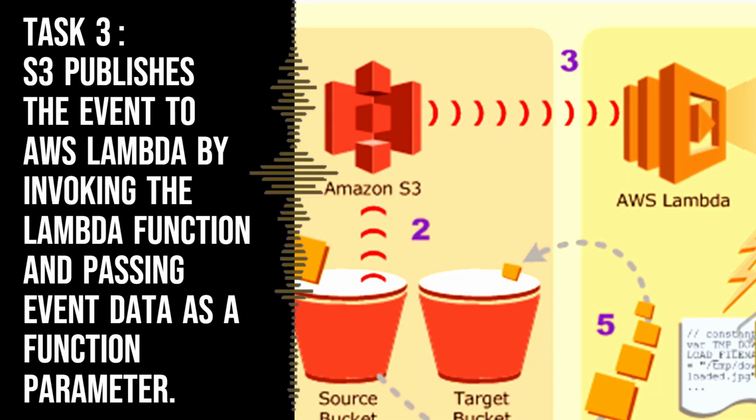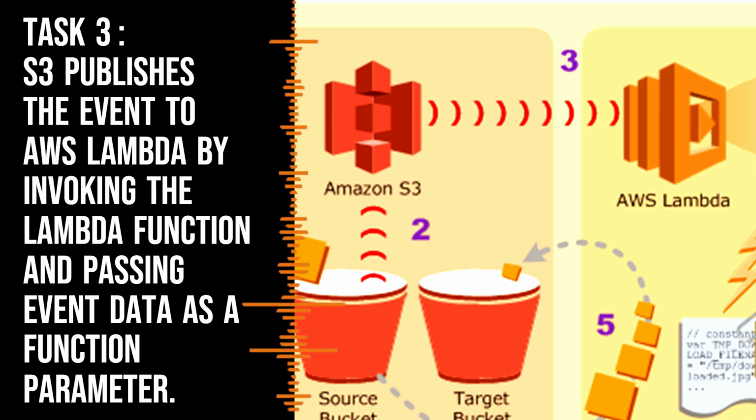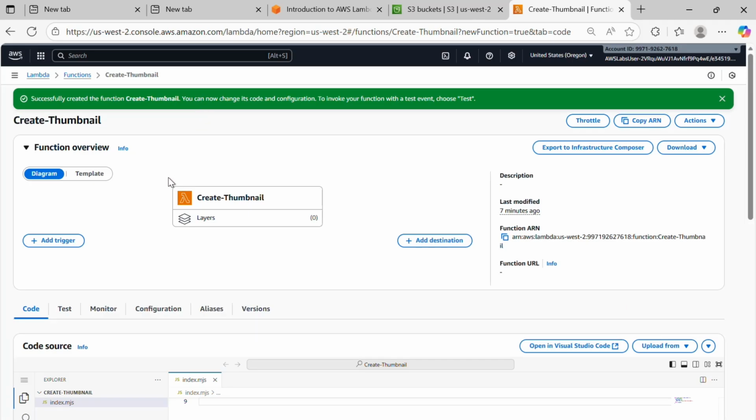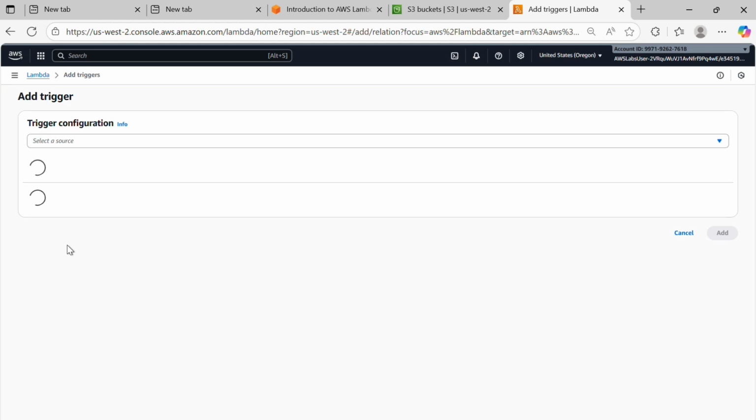Third task will be Amazon S3 publishes the object created event to AWS Lambda by invoking the Lambda function and passing event data as a function parameter. AWS Lambda functions can be triggered automatically. Today we will trigger the function whenever a new object is created or uploaded in our Amazon S3 bucket. So choose Add Trigger.